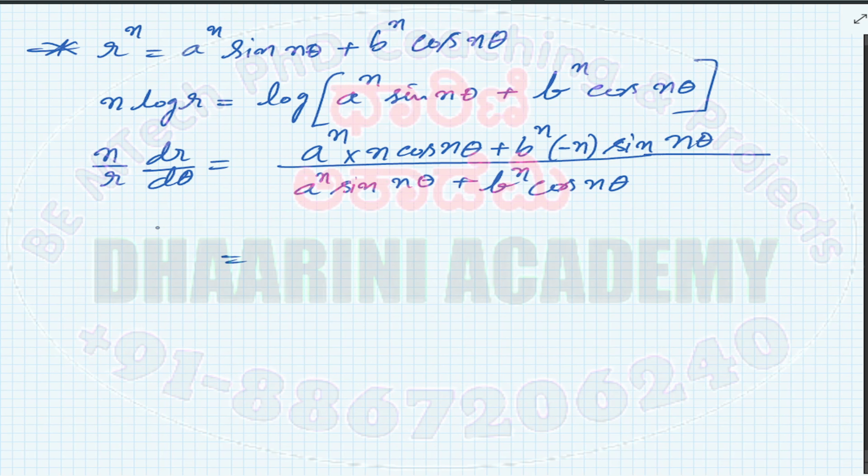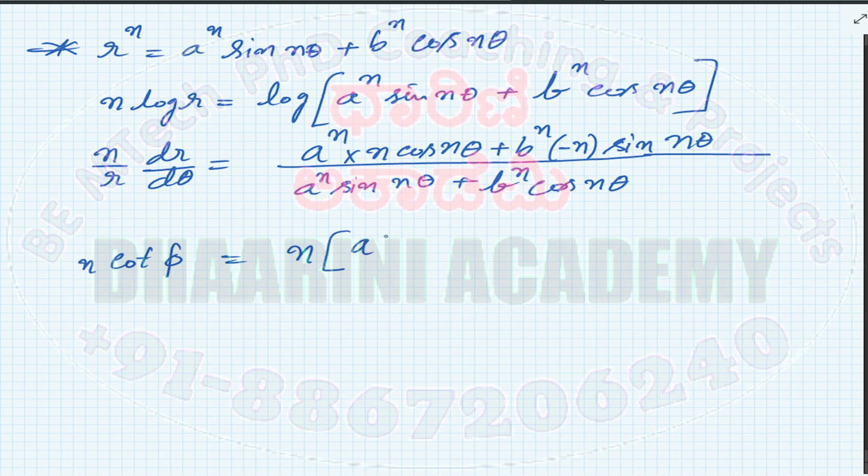Let me write it clearly. So what is there on the left hand side? I can directly write this as cot phi. So cot phi is equal to, let me write it in this way. This is n cot phi, correct, because there is an n outside. N cot phi is equal to n into, I can see an n common there, I'll take the n outside.